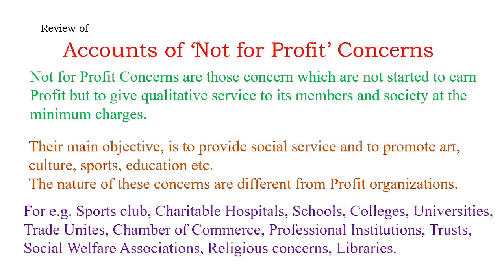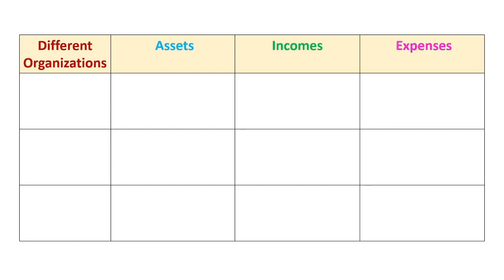In non-profit organizations, we must always remember that there are different natures of organizations. As they are different organizations, they have different kinds of assets, different kinds of incomes, and different expenses. Consider some organizations. First, take the example of schools and colleges.